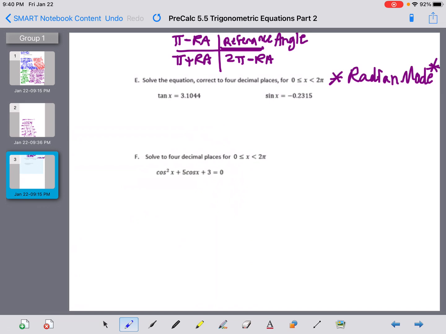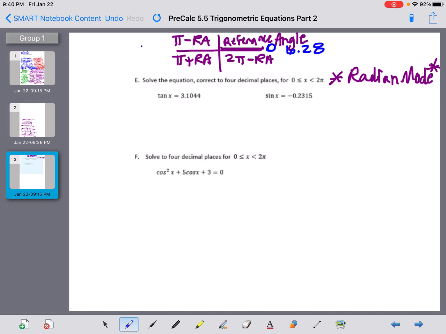One other thing I need to make sure we think of before we do this problem is we're going to be in radian mode. We know we're going to get decimals, okay? We're used to working in pi. We're used to saying everything to 2 pi. We're good with it. Okay, so think about this. This axis right here is 0, otherwise known as 2 pi. As a decimal, that's about 6.28. Keep that number in mind.